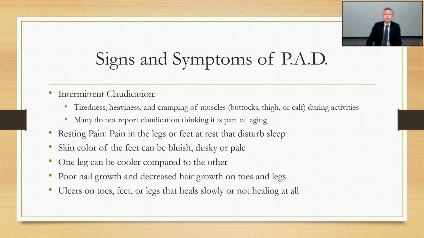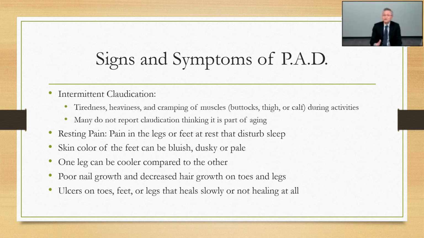Okay. Now, other signs that we can look at besides the symptoms: when you have critical limb ischemia, you can look at the limbs and tell immediately. The skin will appear very pale. The color may be dusky. Skin color may be bluish.